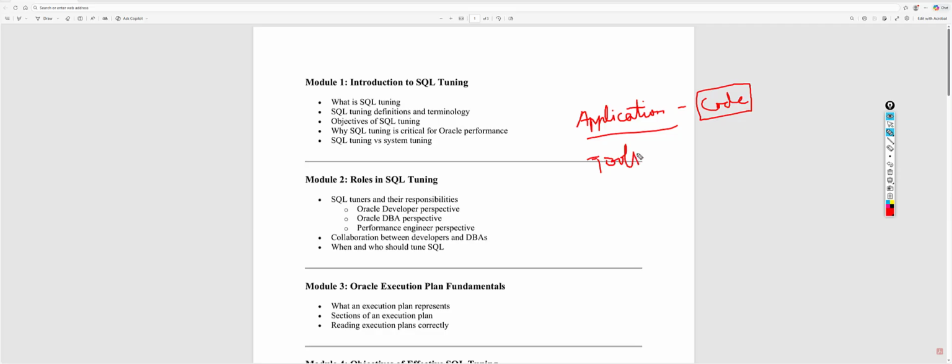Oracle itself has internal tools, and Oracle also tunes SQLs automatically. There are algorithms and internal advisors which make sure that the SQL has the proper execution plan, and they will try to tune the SQL.